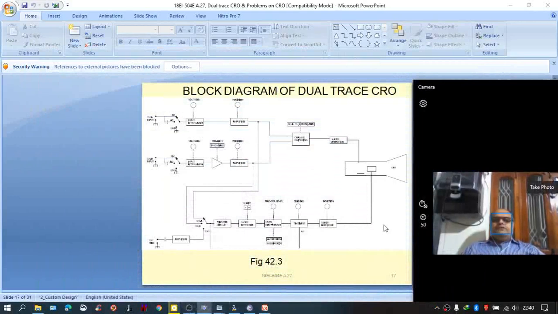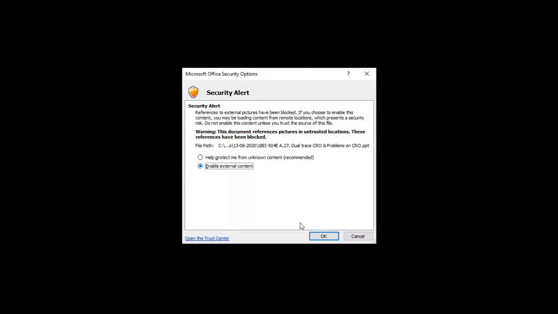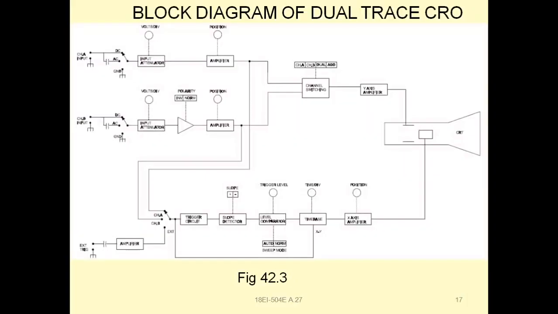Now, this is the block diagram of a dual trace CRO. As you can see here, channel A input is applied here, channel B input is applied here.